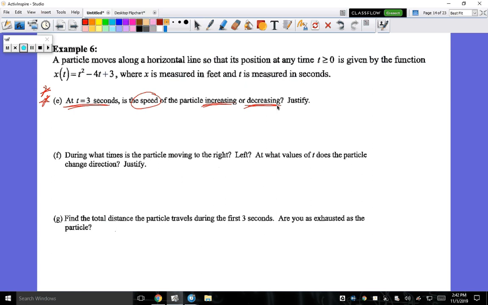Increasing because x prime of 3 is greater than 0. Okay, so now you're saying increasing. What's your reason? I'll get to you, Nate. Because x prime of 3 is positive. Okay. Look at this. What do you say? x double prime is positive.